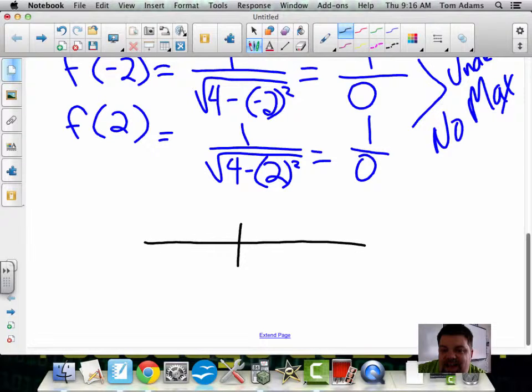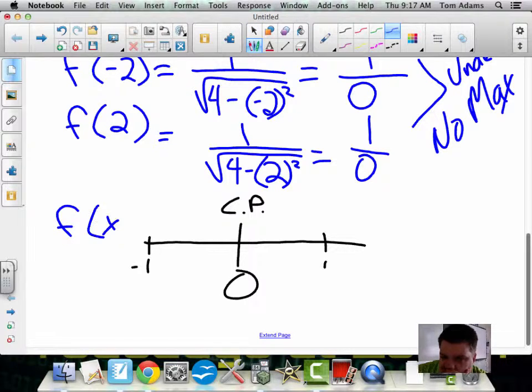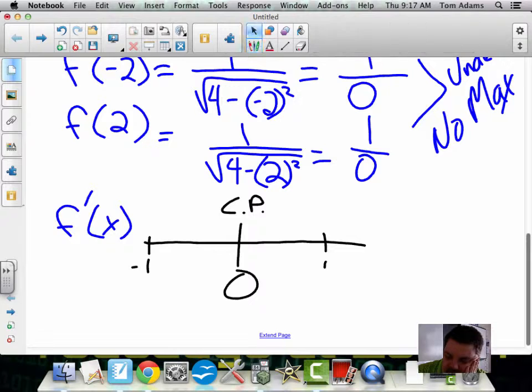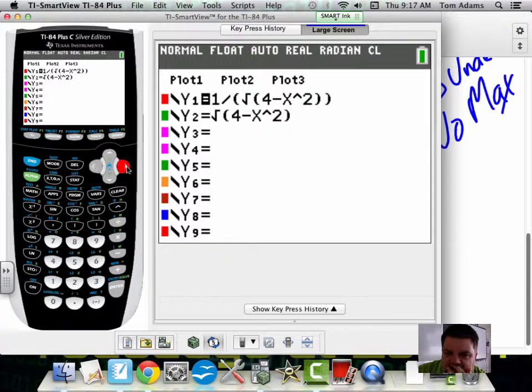So this function did not have a maximum value because it approached infinity, but it did have a minimum value at x equals 0, which was y equals 1/2. Now the way that I could prove that analytically is I just need to pick a number a little bit below and a little bit above 0 for x. In other words, if I evaluate f prime at -1 and f prime at +1, that'll tell me what the slope is.